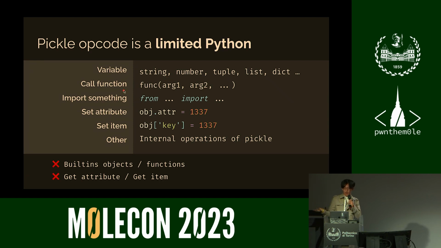And also you can call a function, import something, set attribute, or set item. Yeah, it's just like a limited version of Python. It can only support this kind of syntax, but it's still Python. But there are no built-in objects or functions there, and it cannot get attribute or get item. It doesn't support that.